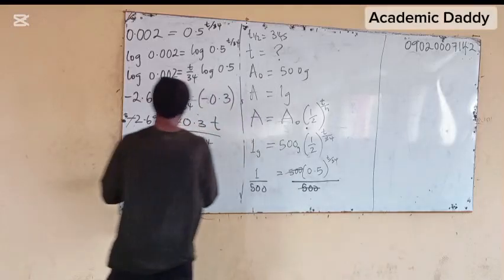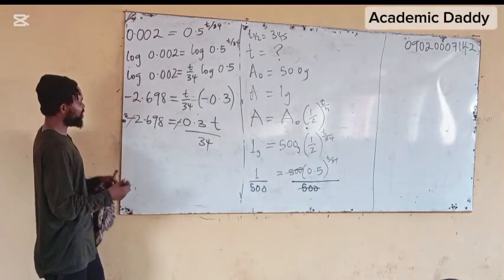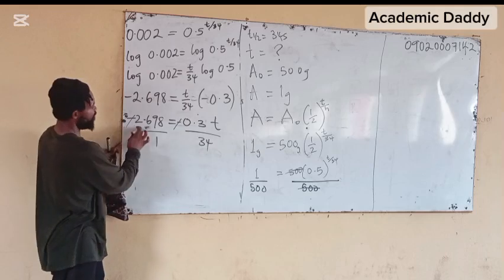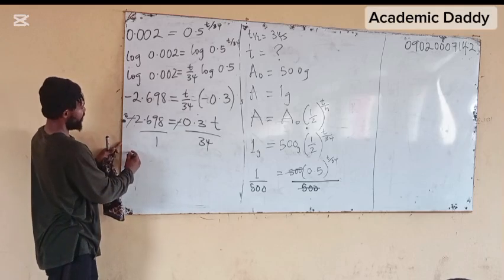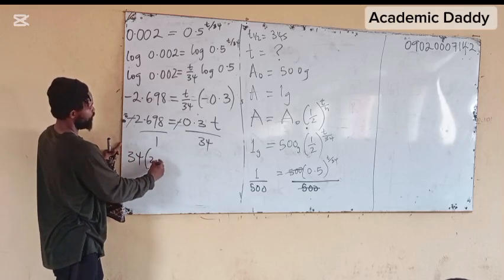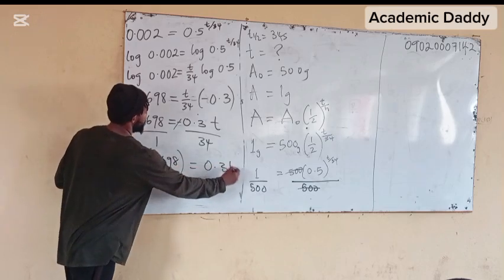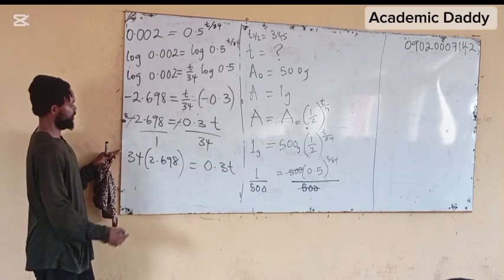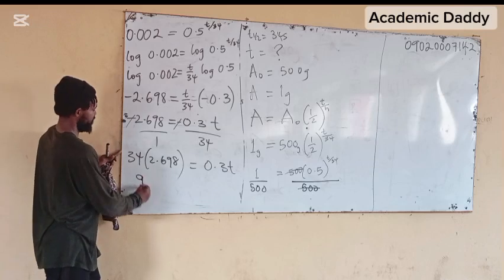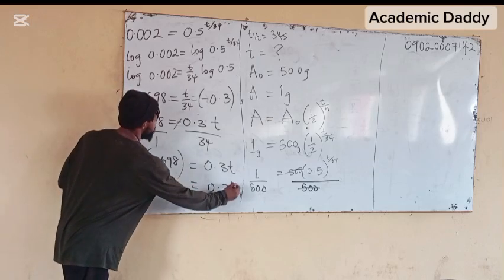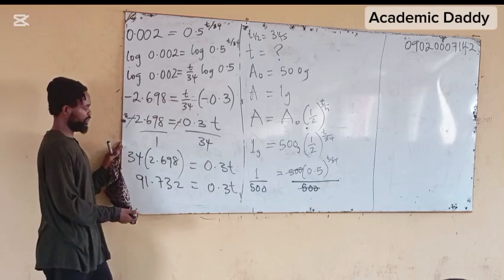Okay. So I now have this, which means that anything on this one is over 1. This thing can come over here. This one goes. So I now have 34 times 2.698 is equal to 0.301t. What is the value? 91.732 equals 0.301t. Divide both sides.